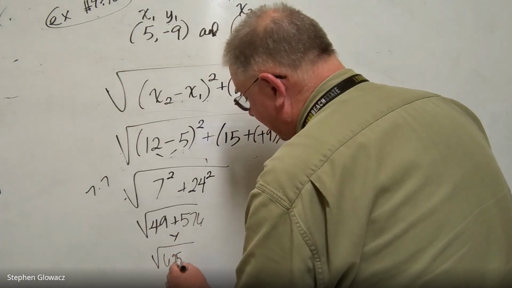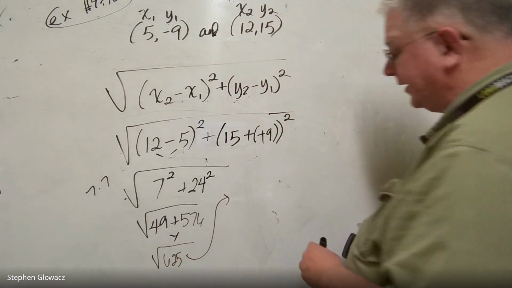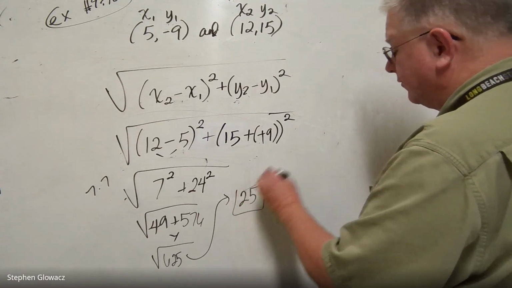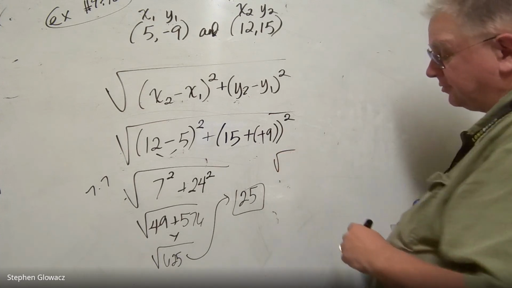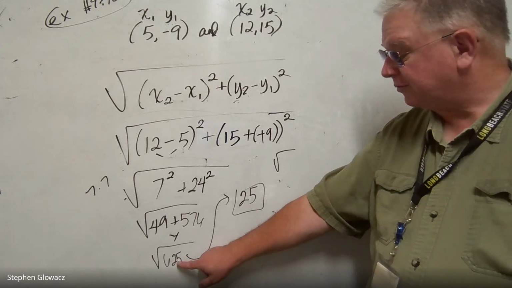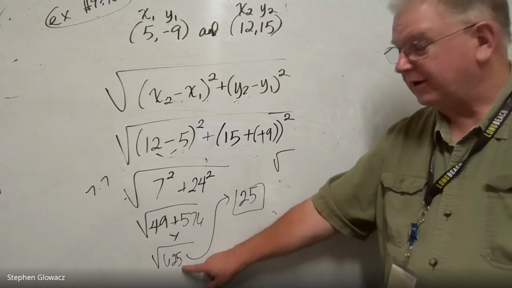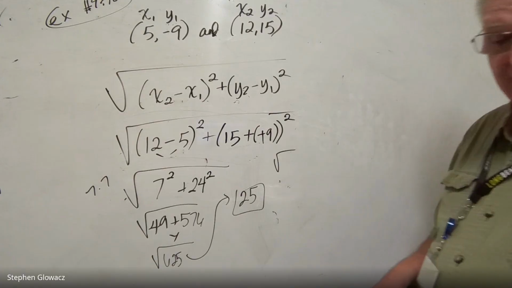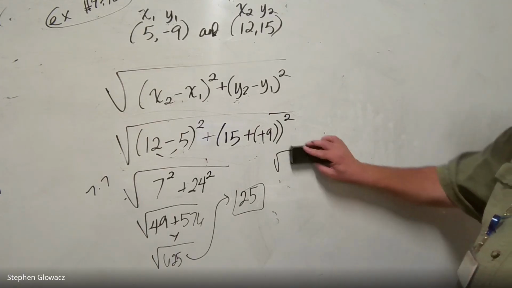And now we need to take the square root of 625, and that is 25. So you just use the square root symbol on either Desmos or on your calculator, and the square root of 625 is 25 because 25 times 25 is 625.